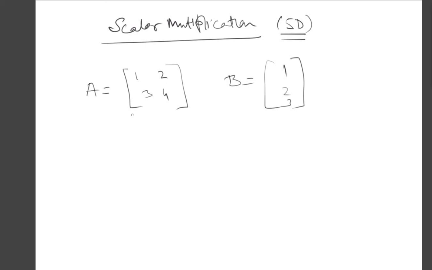Can you quickly give me the order of the first matrix A? 2 cross 2. Great. And the second one, matrix B? 3 cross 1. Awesome.